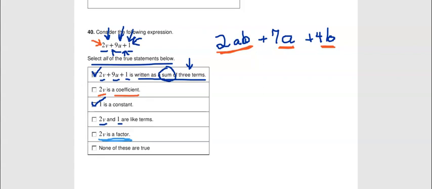So in that situation, it's not a factor. Basically, it's the product. So 2v is not a factor, so I'm not going to check mark that one. And as far as the details of why, 2 times v is going to give you your answer, which is the product.